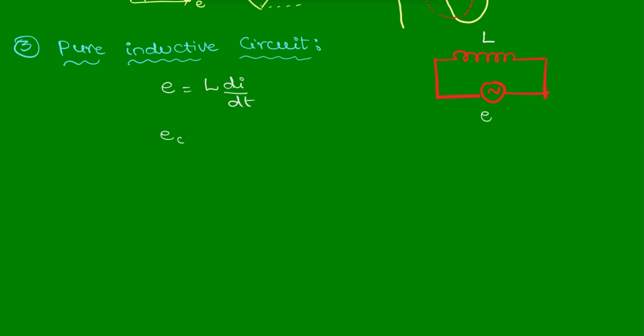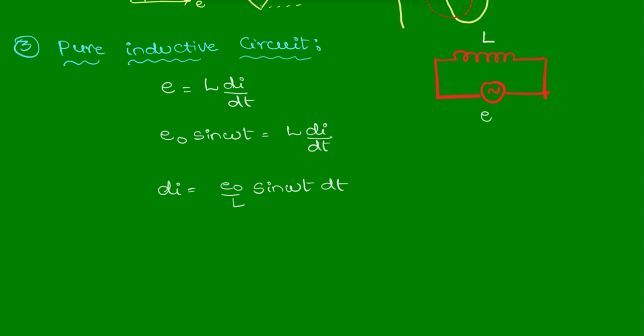And from this, we can write: E naught sin omega t will be equal to L di by dt, or from this, di will be equal to E naught by L sin omega t dt.